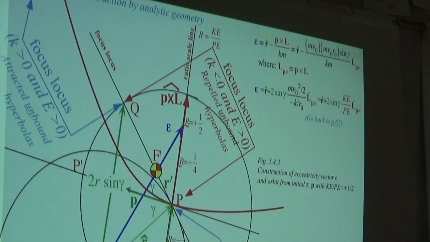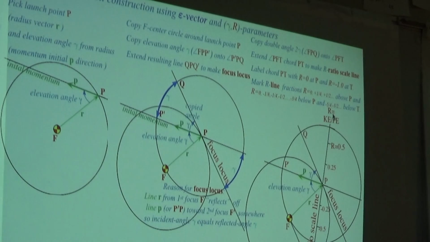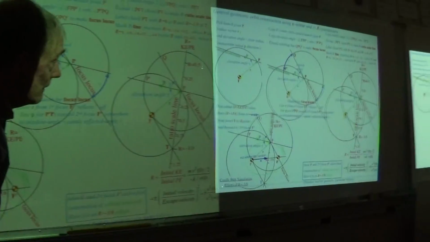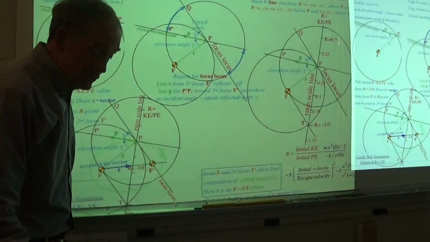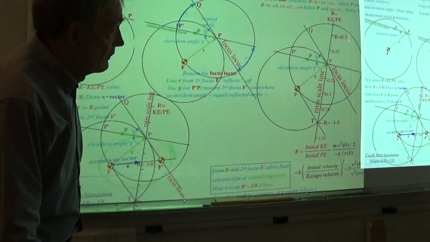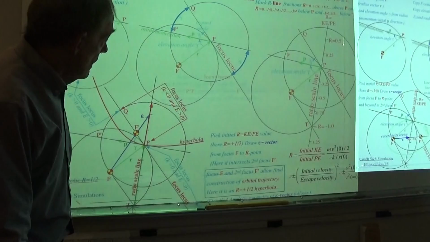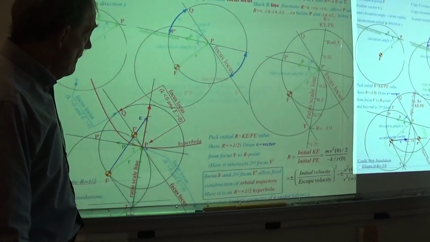So let's go back real quickly here to page 67, which is where we started, and finish the construction. Both that one and this one. Now one of these gets finished with a hyperbola, that's this one.